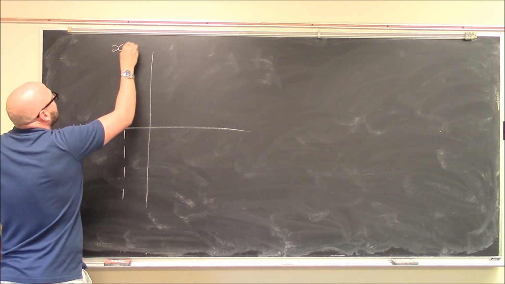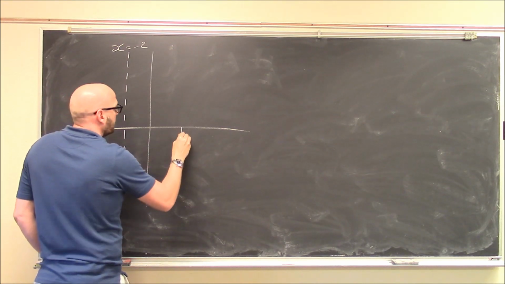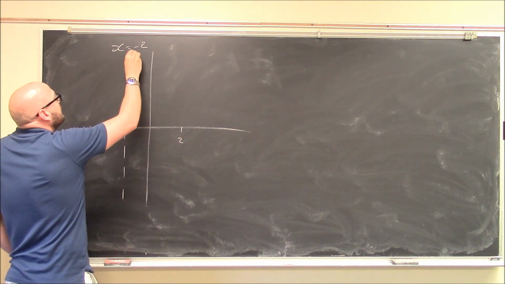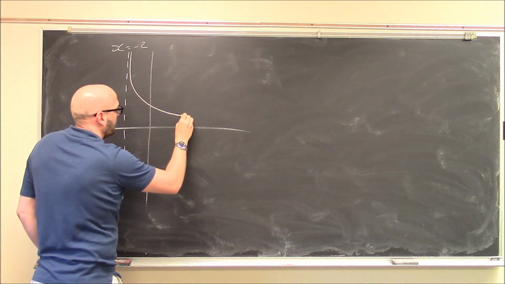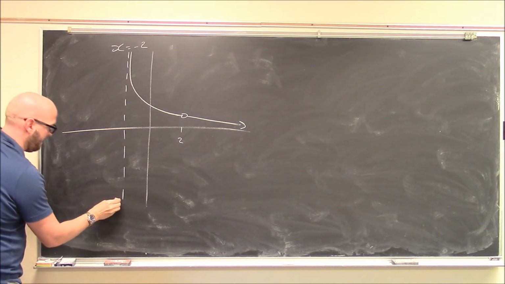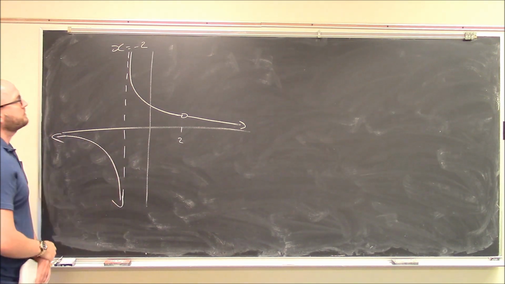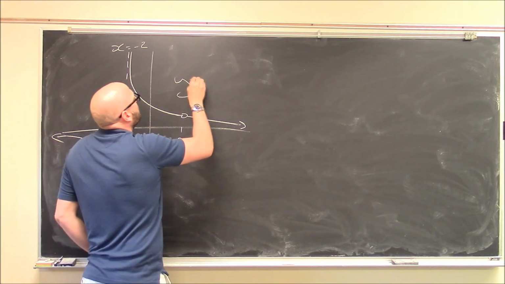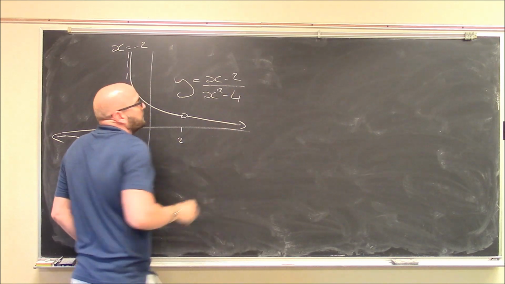This is happening at x equals minus 2. If you graph that function, here's x equals 2, you would see it looks like this. So here's the graph of y equals x minus 2 over x squared minus 4.